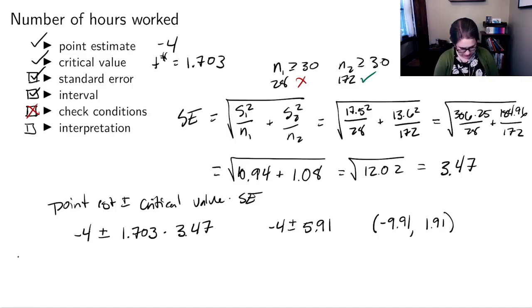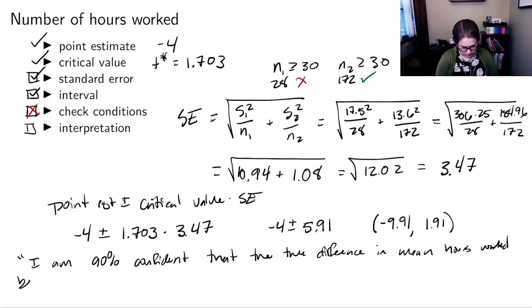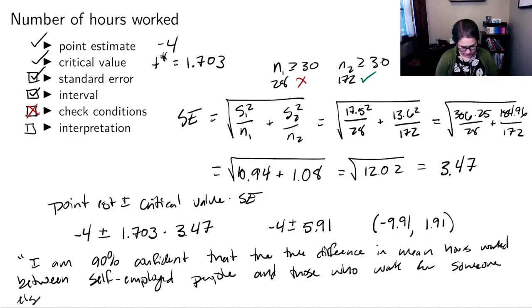And it'll go, I am 90% confident that the true difference in mean hours worked between self-employed people and those who work for someone else is between -9.91 and 1.91 hours.